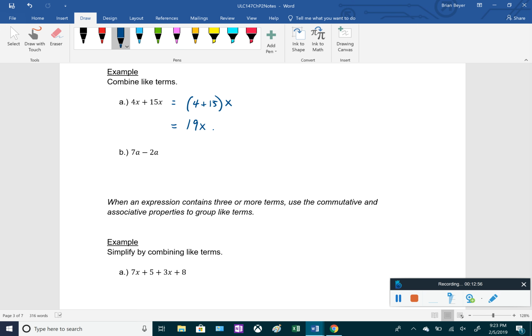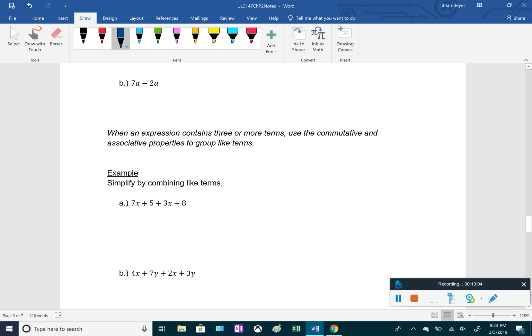So you never have to write that intermediate step. I won't ever do it ever again after these examples. But that's technically what we're doing. So next one, we have 7a minus 2a. Once again, we probably know that it's 5a because 7 minus 2. Technically what we're doing is saying that's 7 minus 2 and then times a. 7 minus 2, 5, so 5 times a.